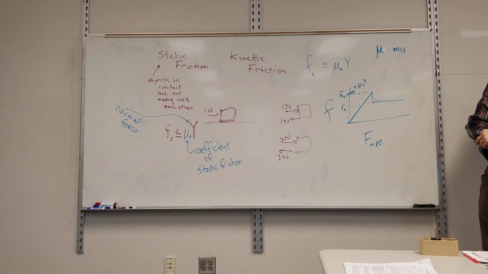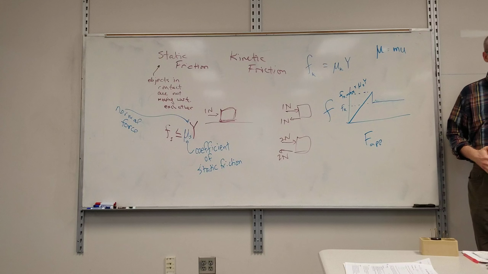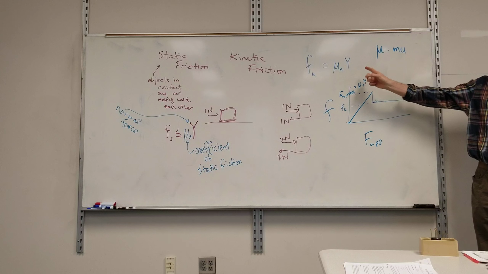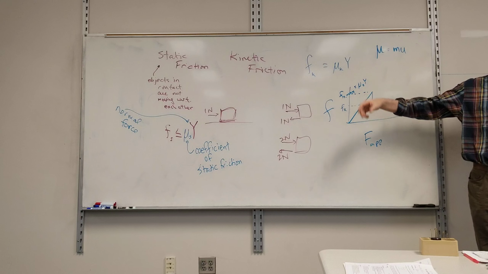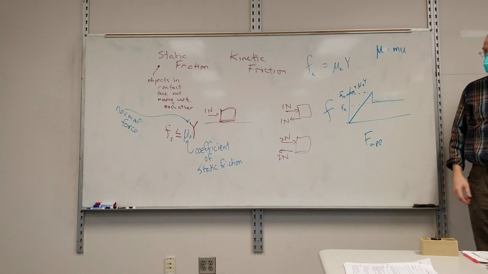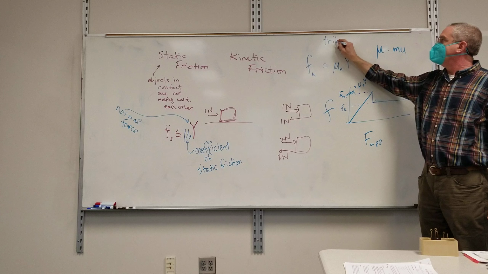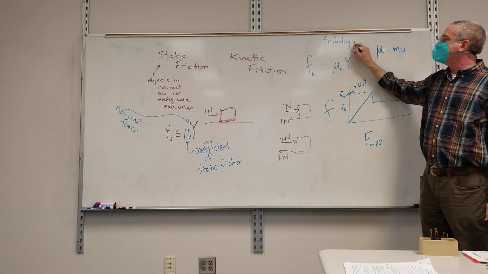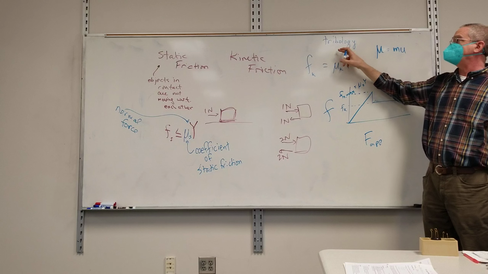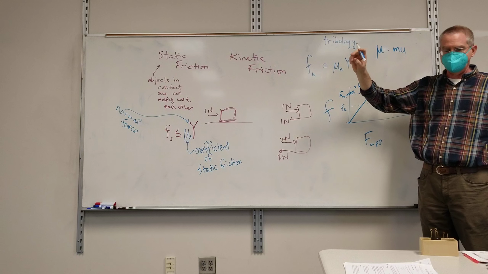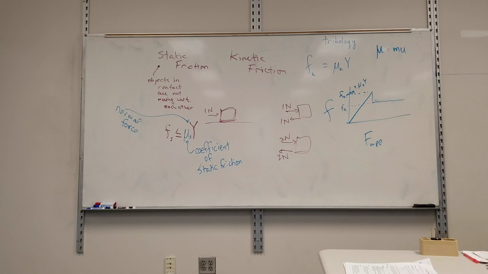There is a group at NC State trying to come up with something better. This formula was, I think, developed in the 1790s, and it hasn't really changed since. There's a group who study tribology. It's the study of basically friction, or things rubbing against each other, trying to come up with a more sophisticated model.